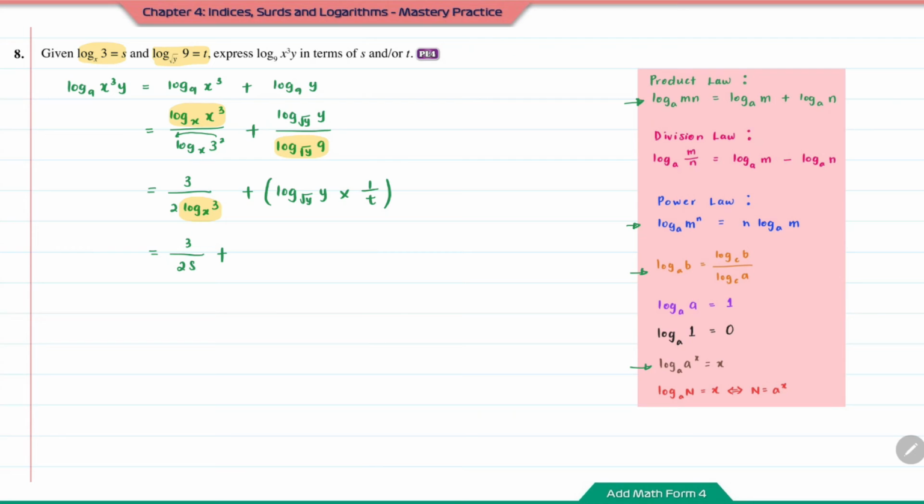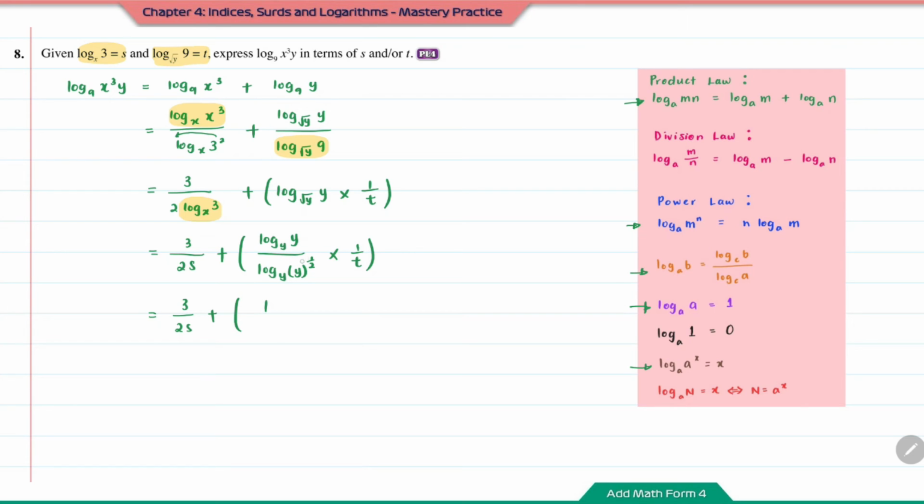and for this log base square root of y of y, as this contains the y, I'm going to change this into the log in base y. Therefore I'm going to get log base y of y over log base y of square root of y. And this square root of y, I can write it as y to the power of 1 over 2. So here I'm going to get 3 over 2s plus log base y of y, refer here, you will get 1.